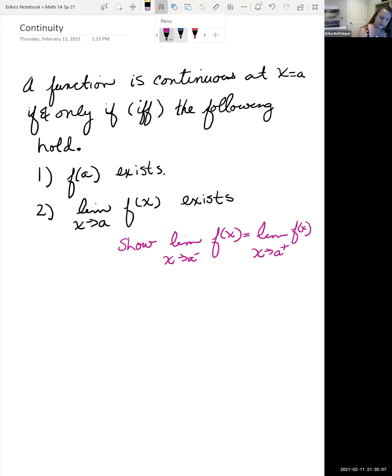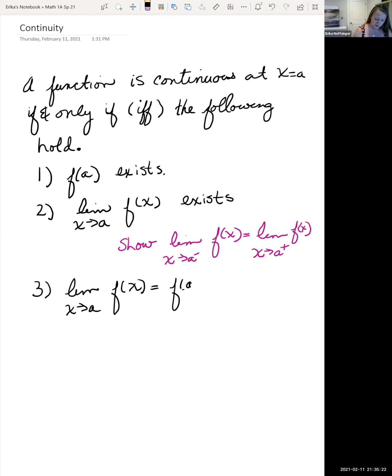So the limit exists, plus that limit, when it exists, as x approaches a of f of x, is just f of a. So doing our direct substitution. If all three of those things occur, then we can say that a function is continuous at that value x equals a.